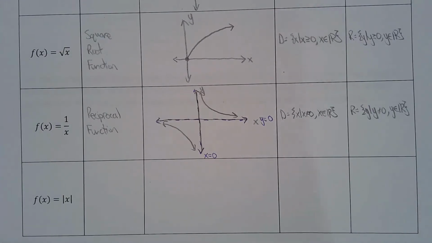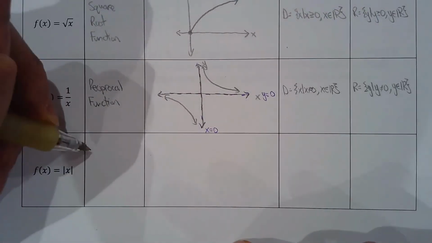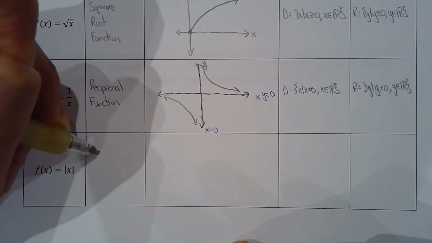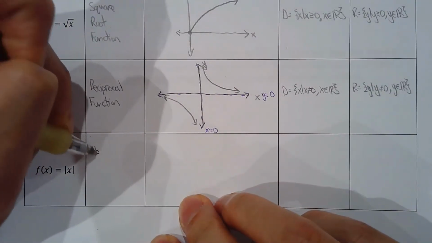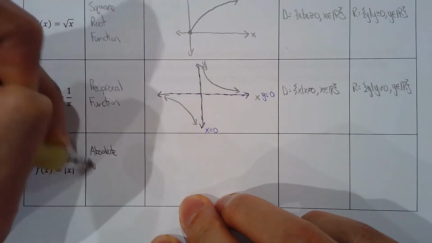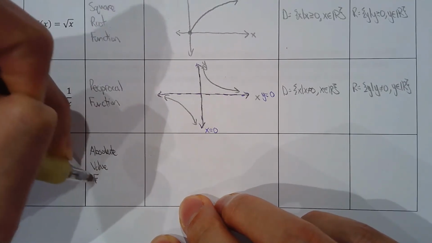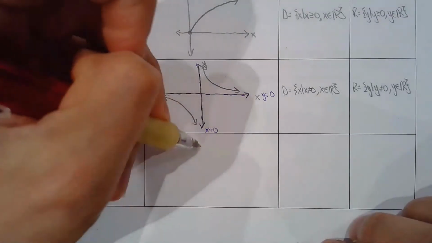Okay, last function. This is a bonus one, the absolute value function. All right, so what does the absolute value function look like?